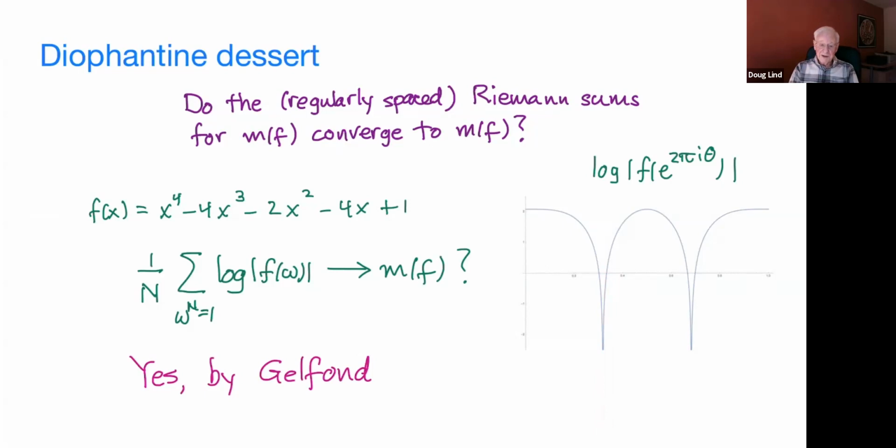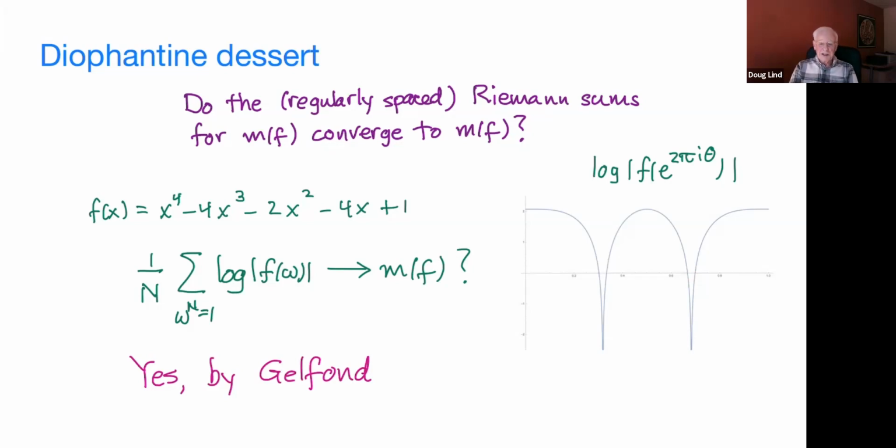Well, if f is a polynomial with integer coefficients, these points where the singularity happens are, again, algebraic numbers, actually algebraic integers. And Gelfond's result says that the nth roots of unity never get exponentially close to the singularity. And so in this case, the Riemann sums converge to the integral for sure.